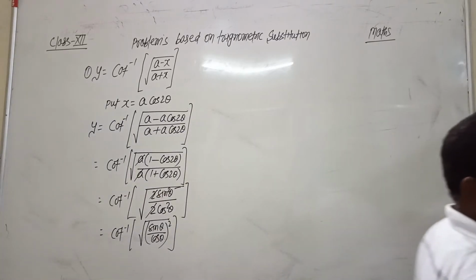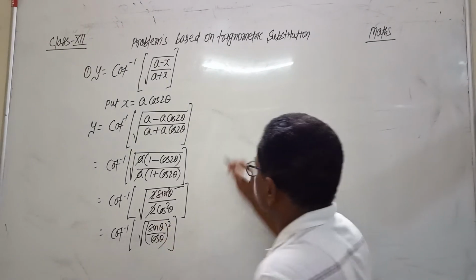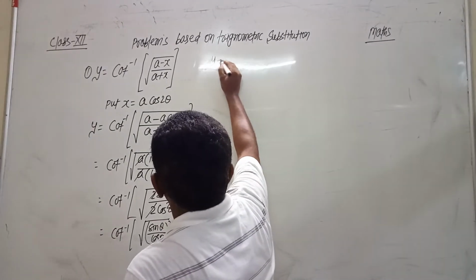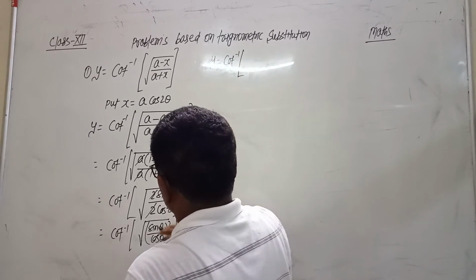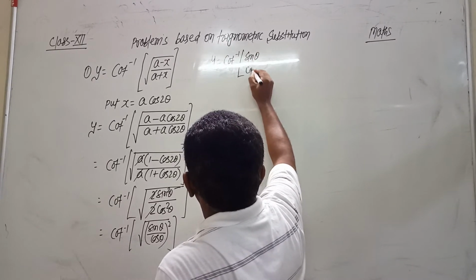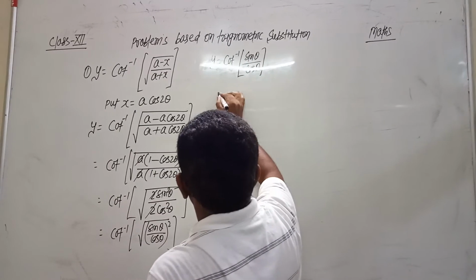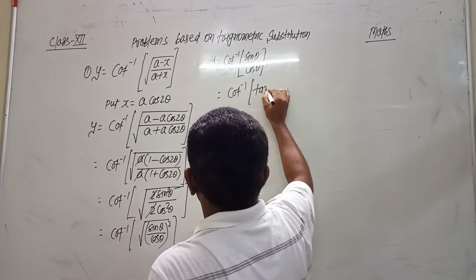The square and the square root get cancelled, and it comes y equals cot inverse of sin theta upon cos theta.